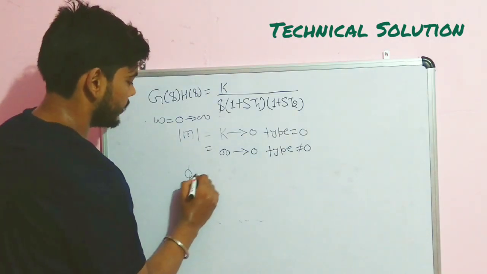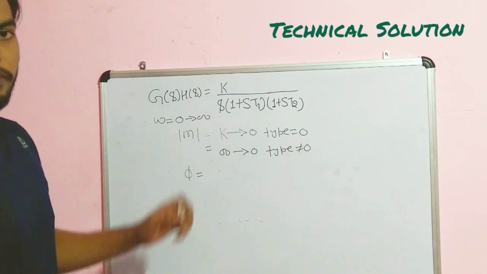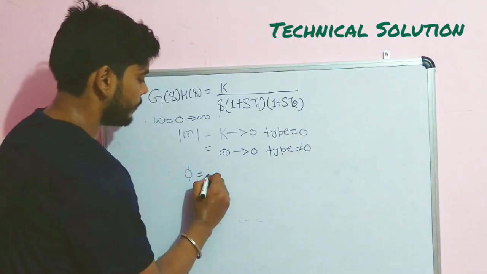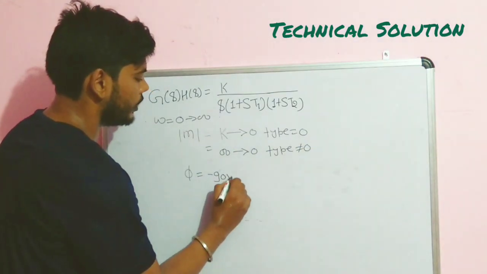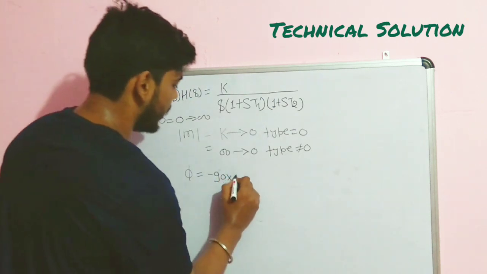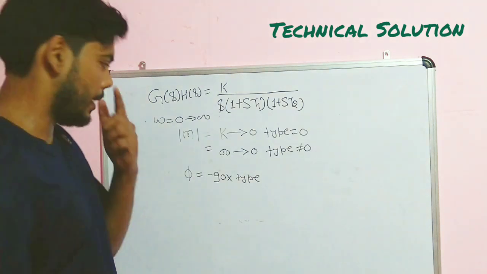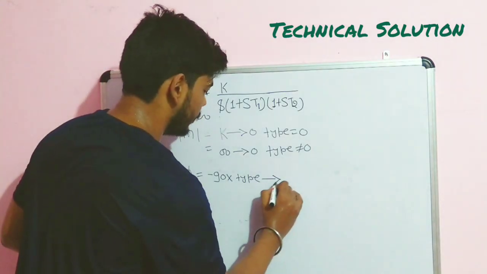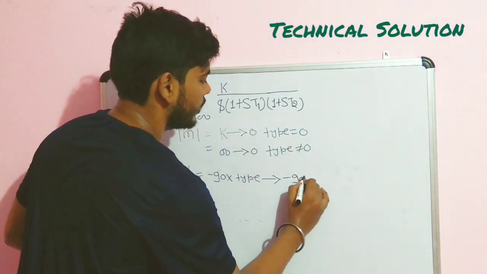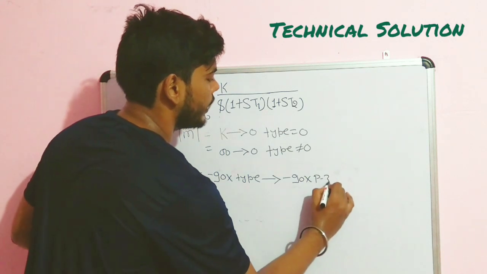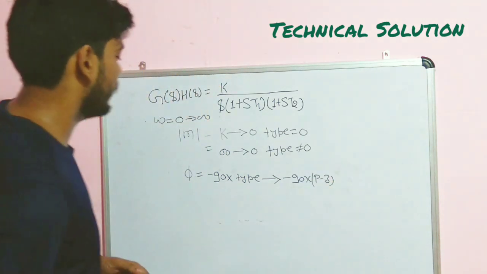The phase of the minimum phase system goes from minus 90 degrees times the type to minus 90 degrees times (poles minus zeros).